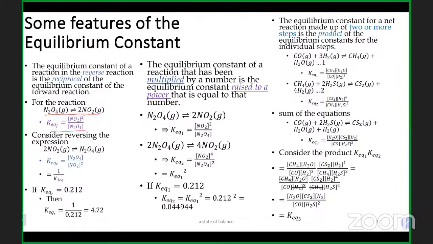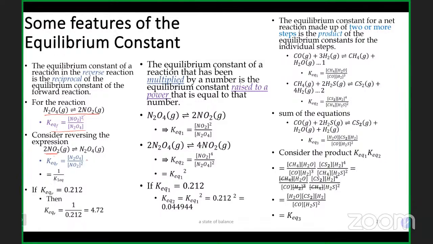If you reverse the equation and you have N2O4, remember, you can achieve equilibrium from either direction. If you reverse the equation or the expression, and then you now have NO2 on the reactant side, you notice that we have reversed the equilibrium constant.